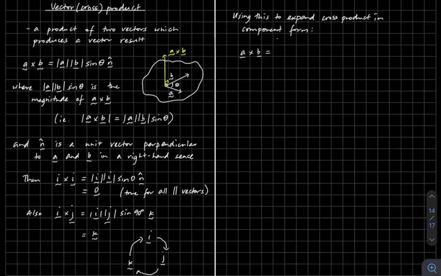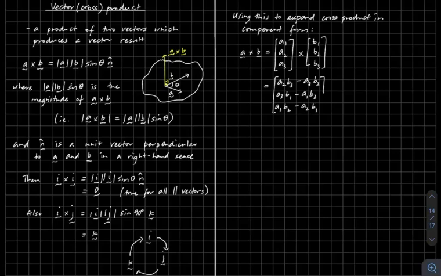Let's say A in component form was A1, A2, A3, and B was B1, B2, B3. I could in fact show that this results in A2 B3 minus A3 B2. That would be the i component of the resultant vector. I would then get A3 B1 minus A1 B3, and finally A1 B2 minus A2 B1.